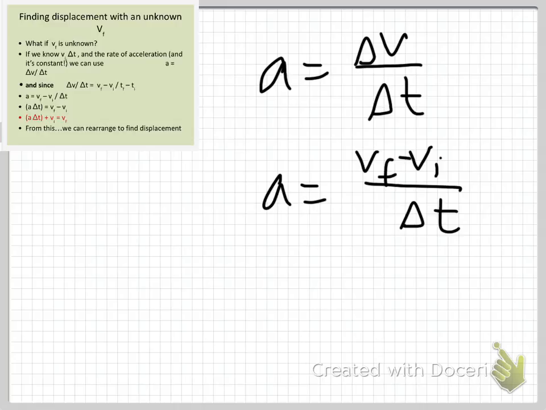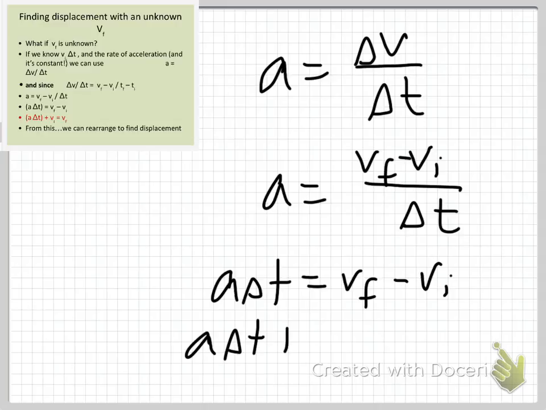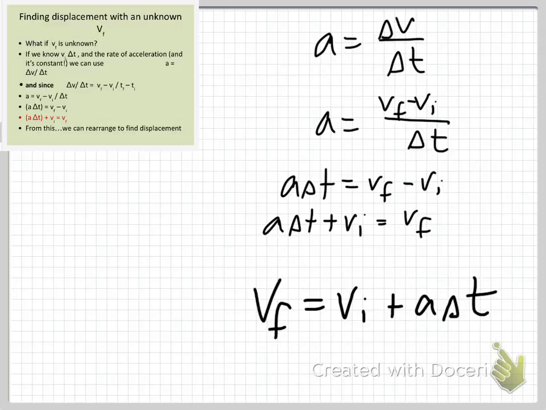So we have that. And we can actually, interestingly enough, solve for VF using this. So we have A delta t equals VF minus VI. A delta t plus VI equals VF, except I usually write it like this, VF equals VI plus A delta t. The reason being that it's totally logical to me, and maybe to you too, if I look at it and say, oh, well, your final velocity is your initial plus your rate of acceleration and how long you've had to accelerate.